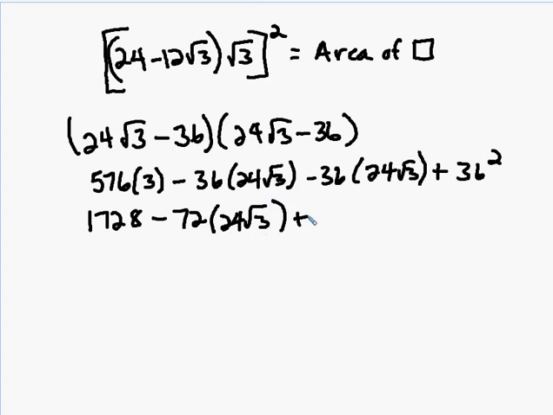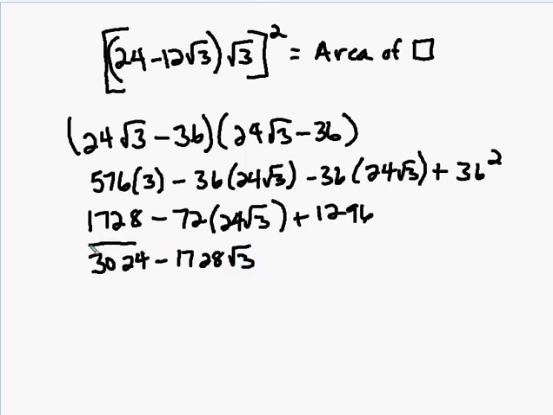And then I'm going to add that to 36 squared, which is 1296. 1728 plus 1296 is going to be 3024. And then 72 times 24 is going to equal 1728. So I'm left with minus 1728 root 3.